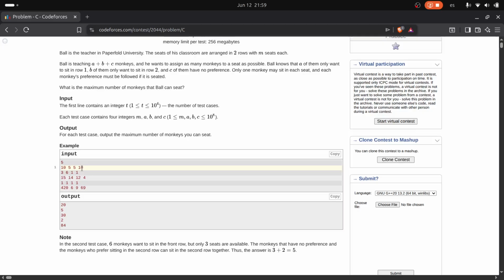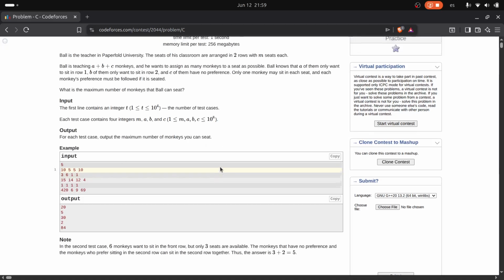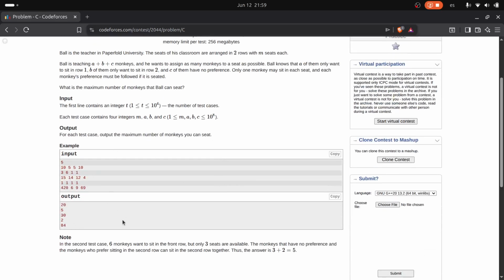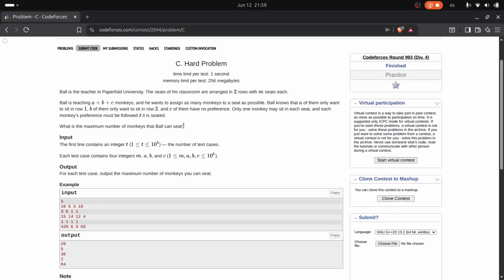So hope this becomes clear as we get into the coding. I will walk you through at least one more test case. So let's jump into it.